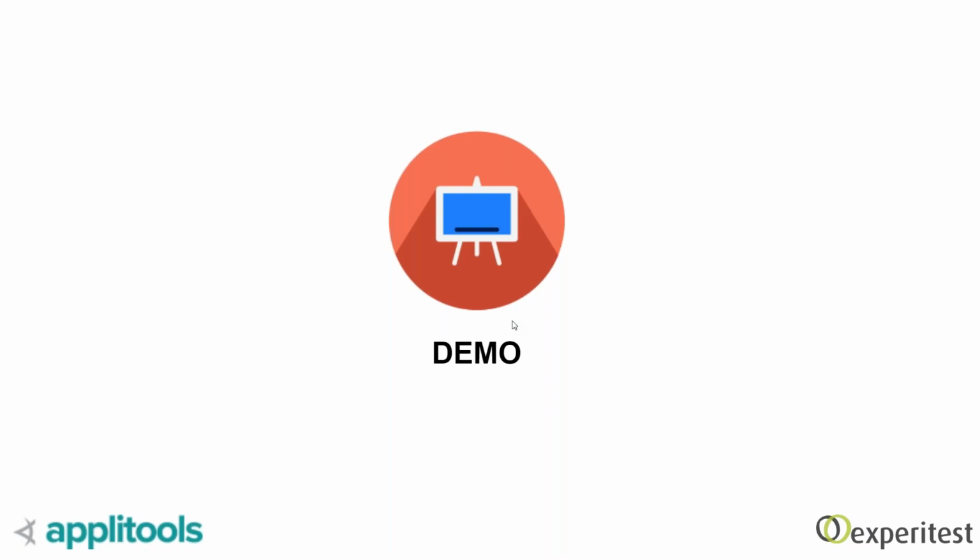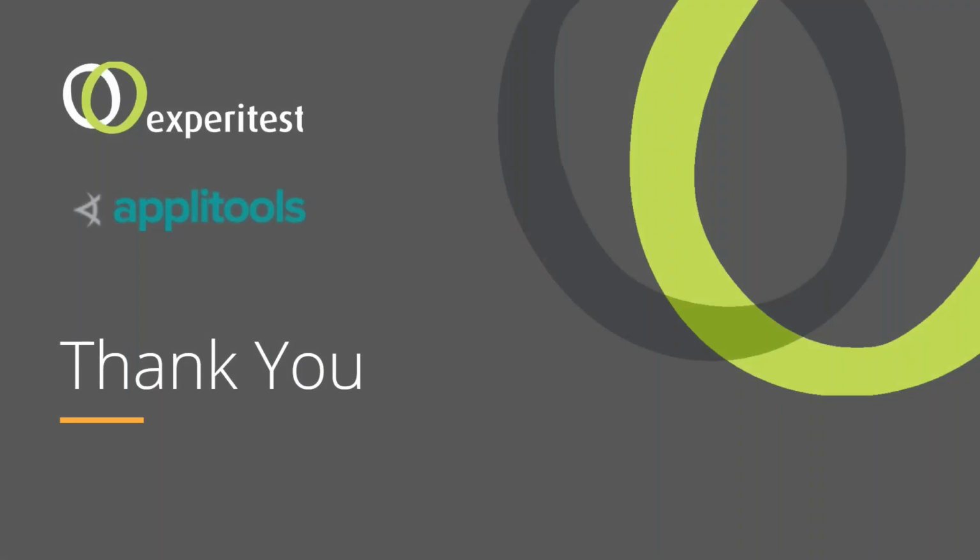So I think that taking your functional test and adding both performance and visual to it is a very small effort and can give you a great value. Next, we are going to conclude and go into answering some of your questions.